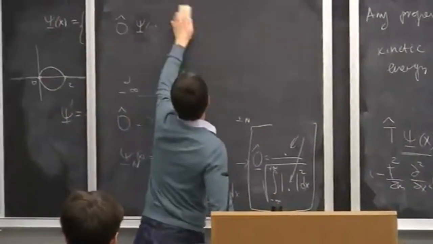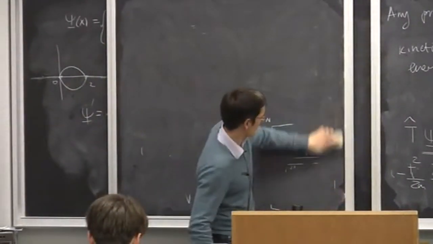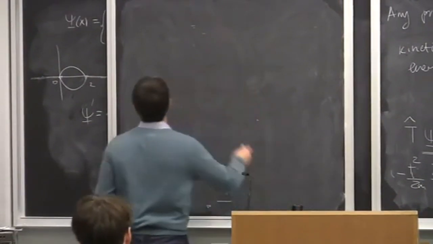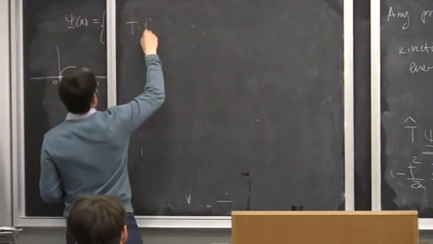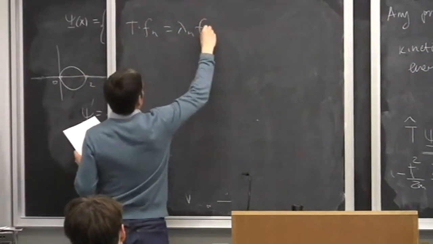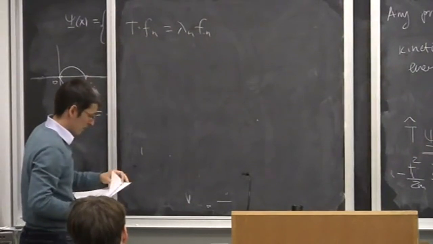Right? We take an operator T and apply it to functions f_n, T times f_n, and we will get lambda_n f_n. That's the plan. Let's see whether that's the case.